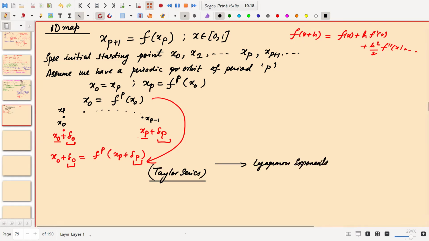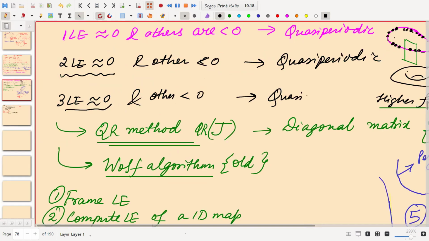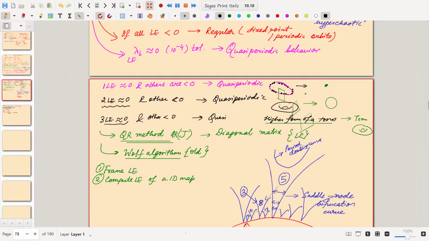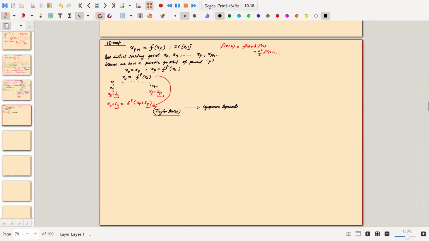Fine. So let us come back to our main issue here. But here I just wanted to give you an idea, for any 1D map, how Lyapunov exponent computation works. You just perturb the initial point by a small amount, then you analyze how big a perturbation is happening to the final iterate.